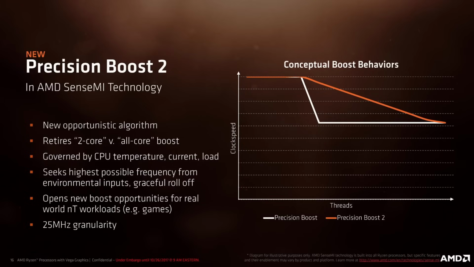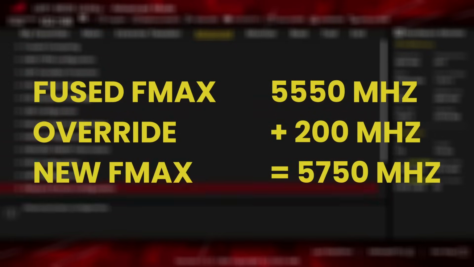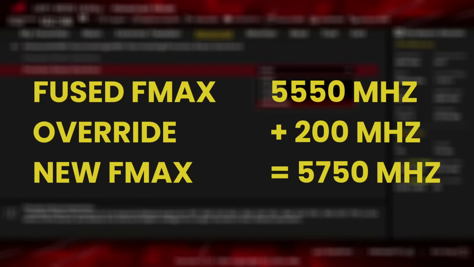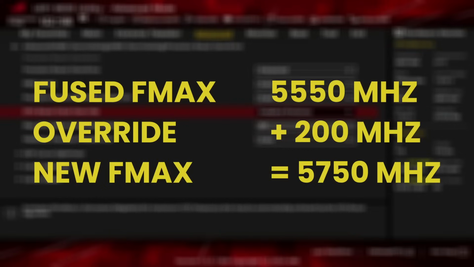Ultimately, the Precision Boost 2 algorithm still determines the actual operating frequency. The programmed Fmax of the Ryzen 7 9700X is 5550 MHz. So with a plus 200 Fmax boost override, the new maximum boost frequency is 5750 MHz.